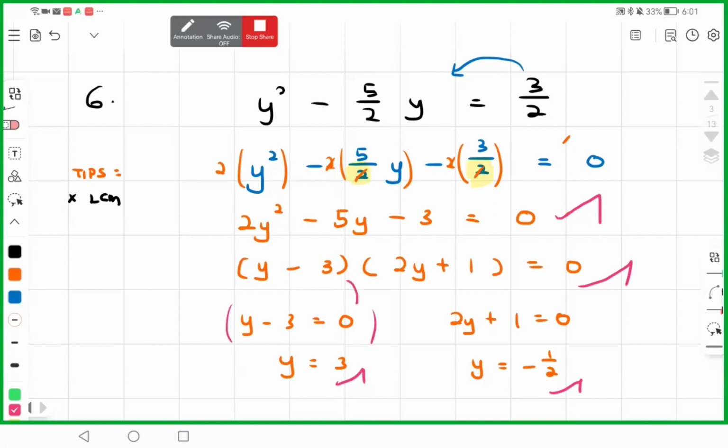From here it becomes this, then it becomes this. Without this also can. So this thing you can do, you can solve and find the roots of the quadratic equation now.